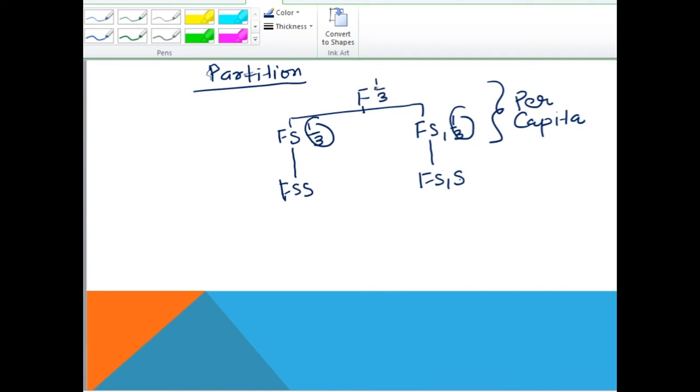When the co-partnership property was divided into F, Fs and Fs1, that means F, the father, and his sons. Now when this 1/3 of Fs and Fs1 will go into their respective branch, that will be called the per stripes division.